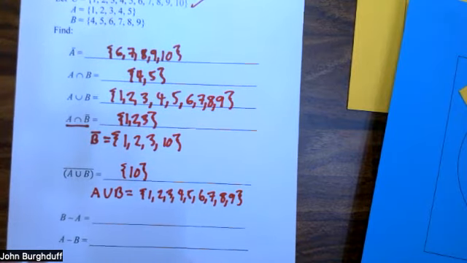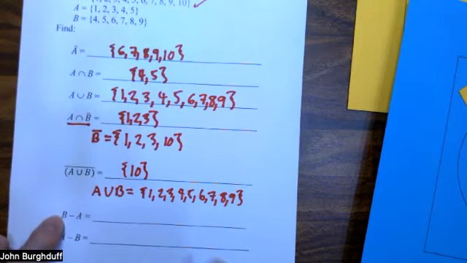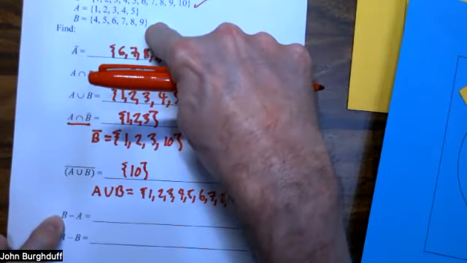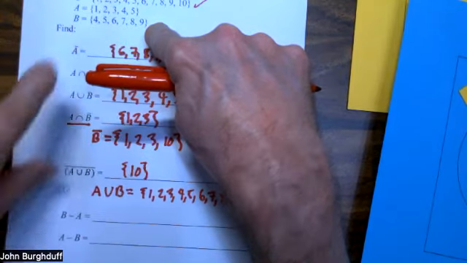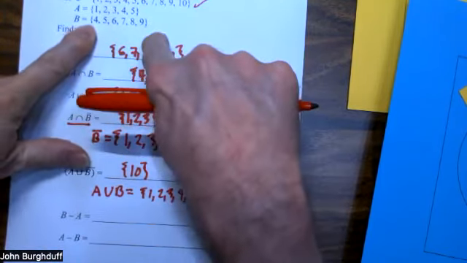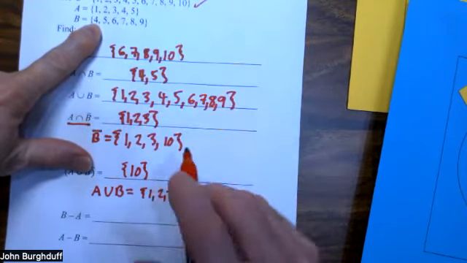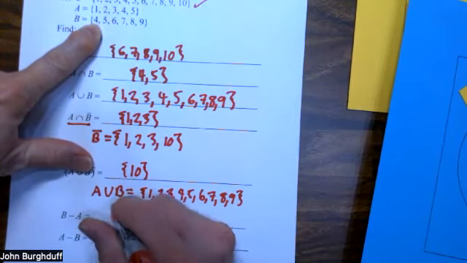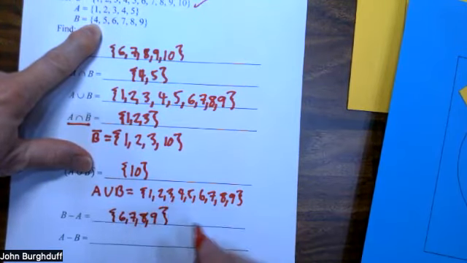B minus A, the relative complement. Think of that as starting with B, but taking away from B any elements that are also in A. So if I look at B, notice that B includes the 4 and the 5 that belong to A. I'd have to take those out, but keep everything else: 6, 7, 8, and 9.